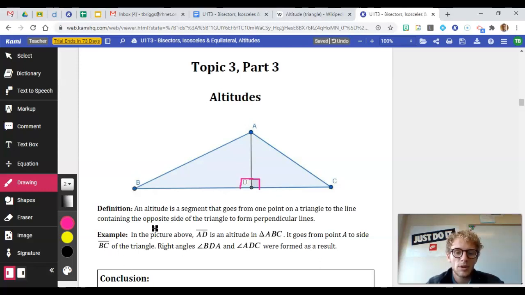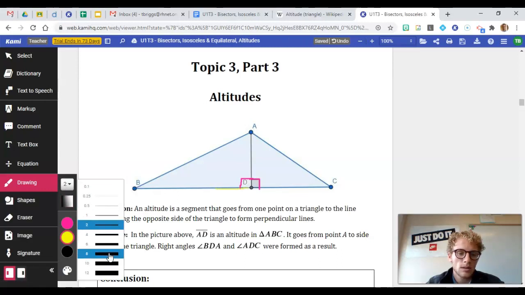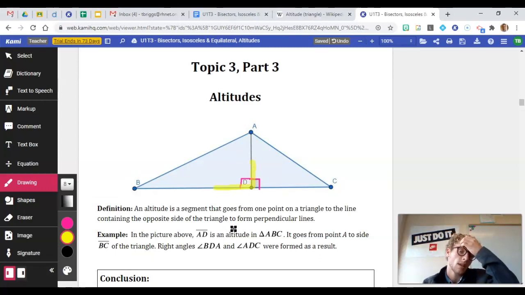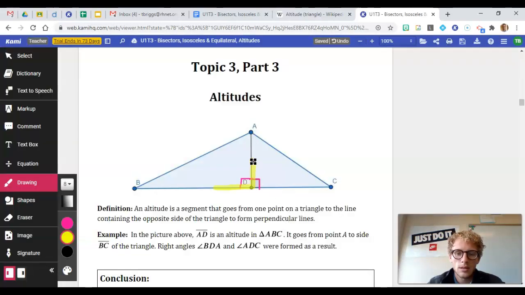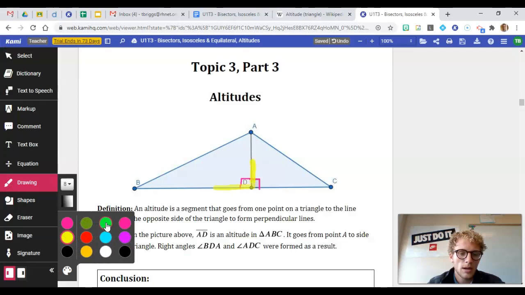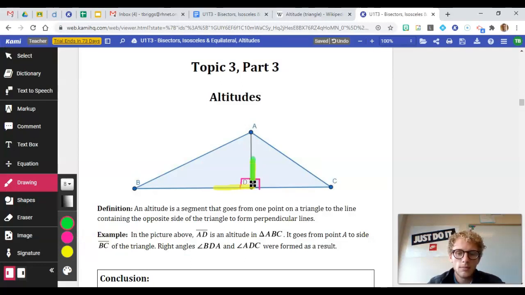So I have here in the example in the picture above, AD is the altitude, and right angles BDA, right angle BDA, and right angle ADC. Let's choose green. Those are our two right angles that are formed.